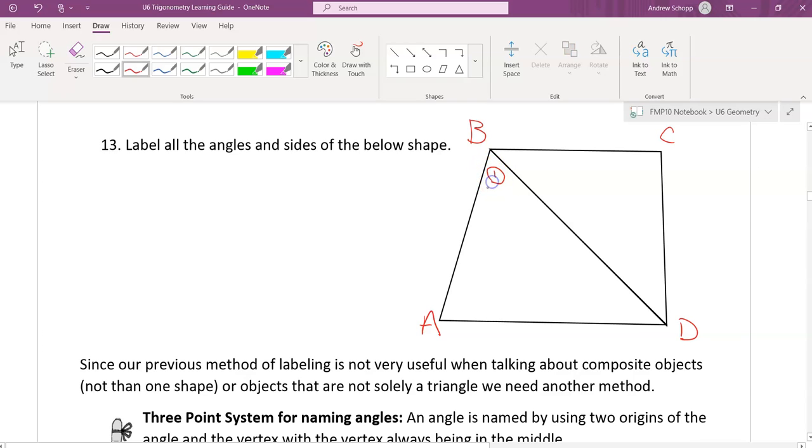I'm going to number them 1, 2, 3, 4, 5, and 6. So for angle number 1, I would label it starting at A to B and then to D. So I could use the little angle symbol: angle ABD.